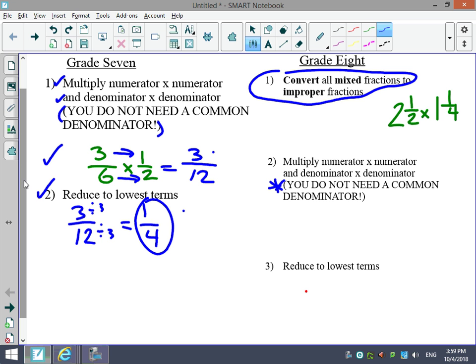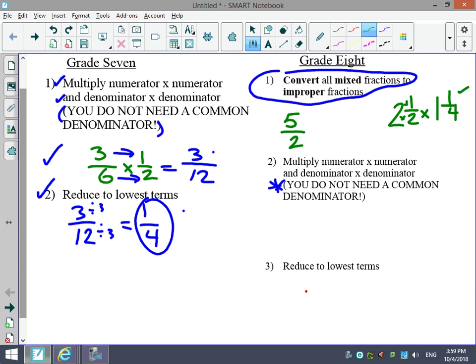So I'm going to skip over to the grade 8s for a second. With the grade 8s, your first step is to change all mixed to improper. So if we have these fractions here, 2 1/2 and 1 1/4, what we're going to do is we're going to make those improper fractions. You did these in previous years. We've done it last week. Anyhow, what you do is you multiply 2 times 2 and add 1. So this new fraction is 5 for the numerator, and you keep the denominator the same.